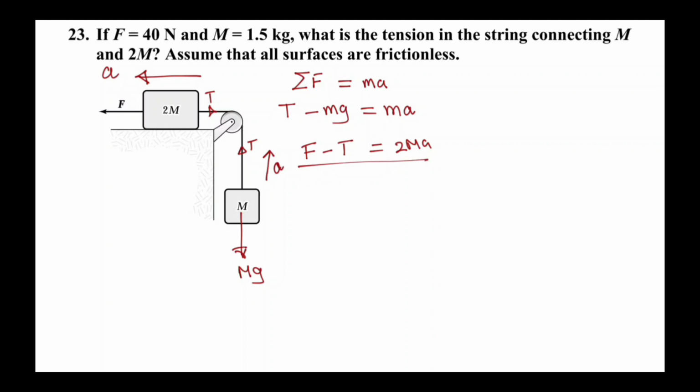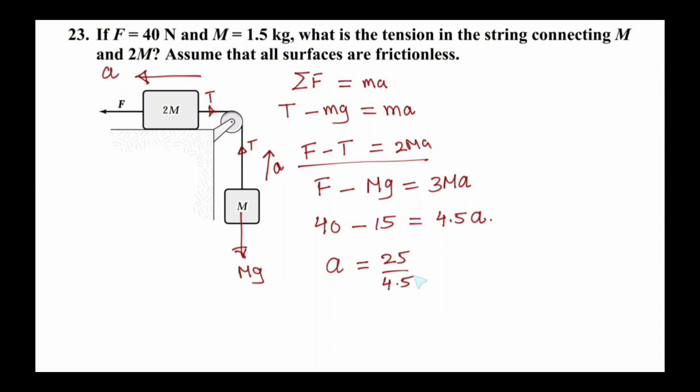When we add these two equations, we get F minus mg equal to 3MA: 40 minus 15 equals 4.5 A, and so A equals 25 divided by 4.5, and A will be equal to 5.56 meters per second squared.